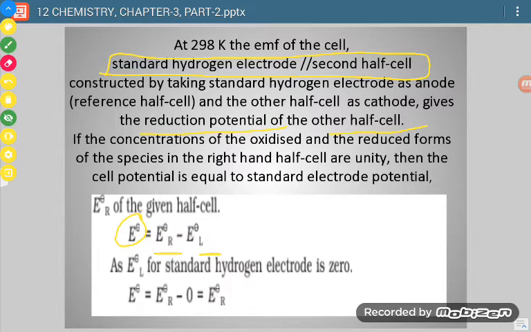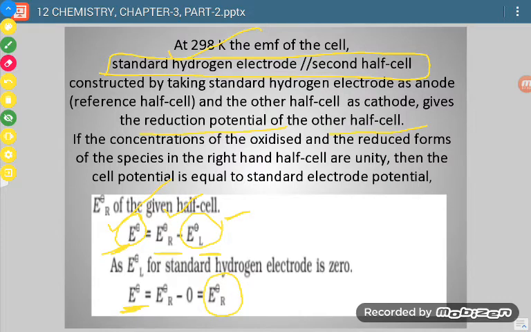Now on the left side we have taken SHE, for which this value is 0, and this is the value which we will find on the voltmeter. So this value is known to us, so this can be calculated. Whatever value we find on the voltmeter becomes the reduction potential value of the half cell.